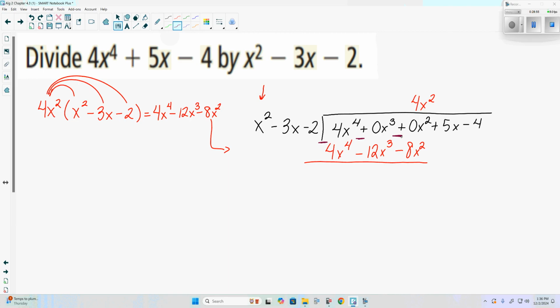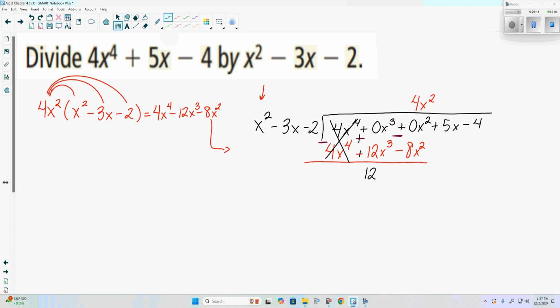Questions on this here? Now our 4x to the fourth minus 4x to the fourth would be 0. 4 minus 4 is 0. Our next one, 0x cubed minus negative 12x cubed. 0 minus negative 12. The negative and negative make a plus.